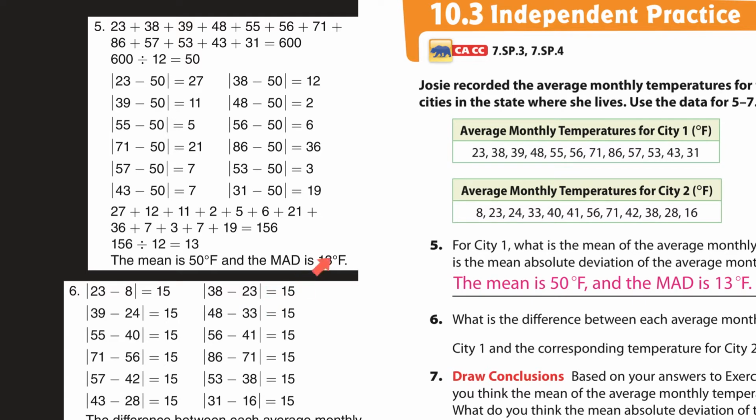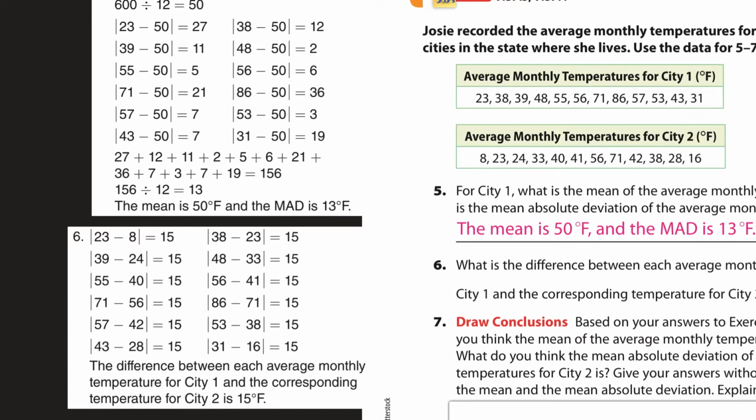On the third one, 39 minus 24, there it is right there. They're all 15. All the way down, 31 minus 16, the last one here, and they're all 15. So the difference between each average monthly temperature in city 1 and the corresponding temperature in city 2 is 15. Done. It's very cut and dry there.